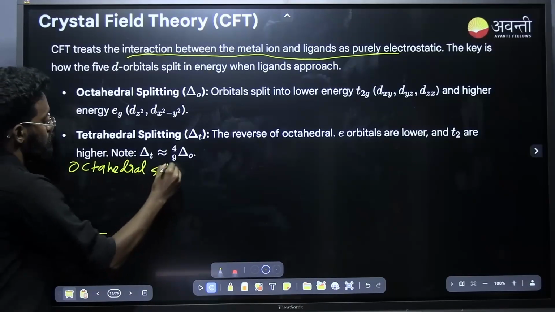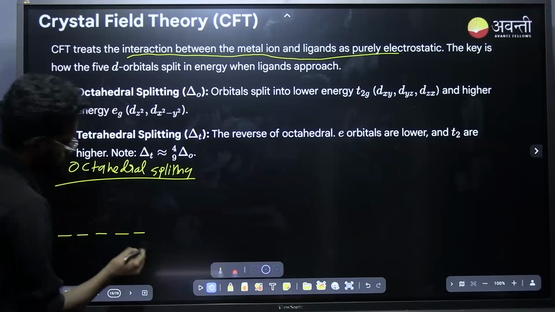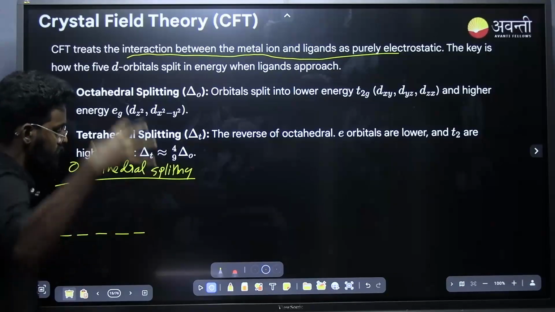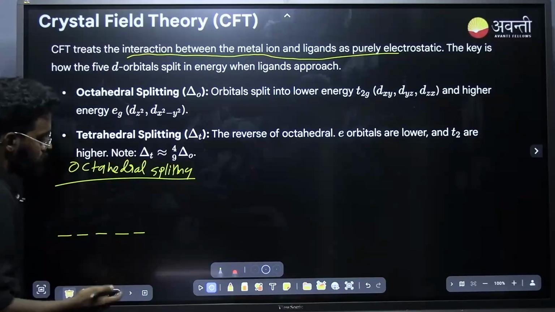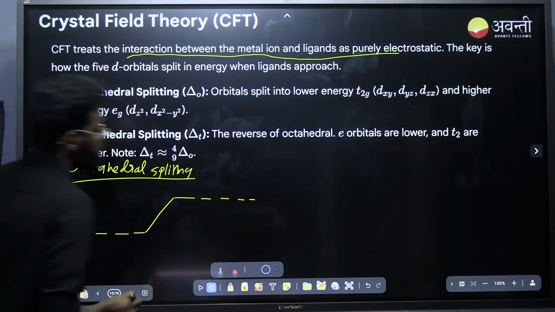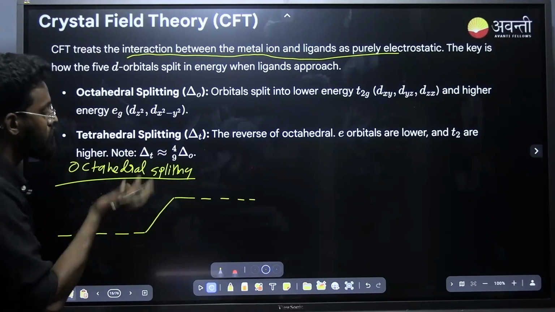When the ligand starts approaching from a distance to the central metal atom, all the d orbitals will together raise their energy. Got it?